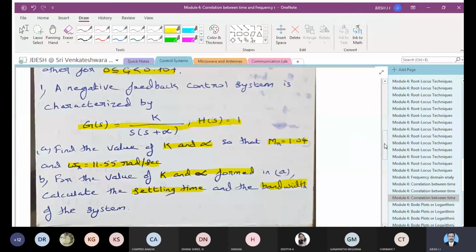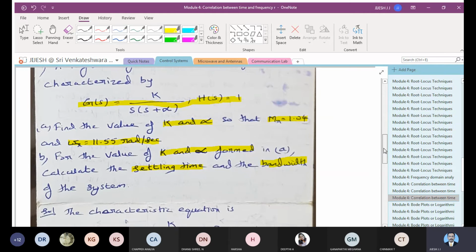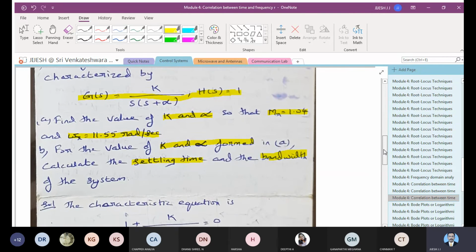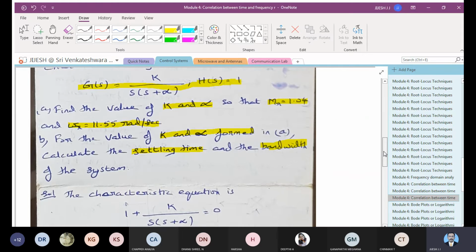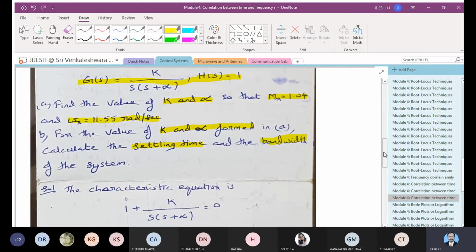So let me go to the solution. First, they are asking you to find the value of K and alpha for which MR is 1.04 and omega R is equal to 11.55 radians per second. So let us take the characteristic equation. What is the characteristic equation here? 1 plus G of S H of S is equal to 0.